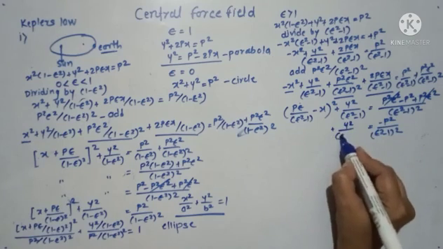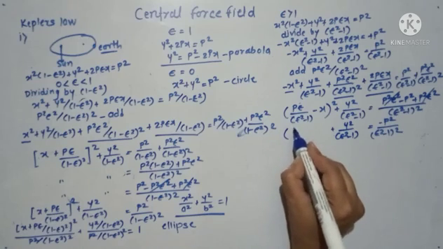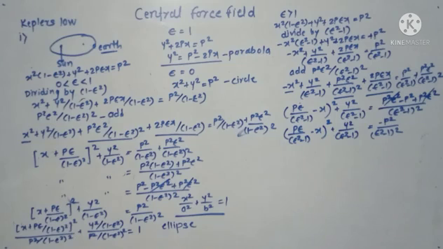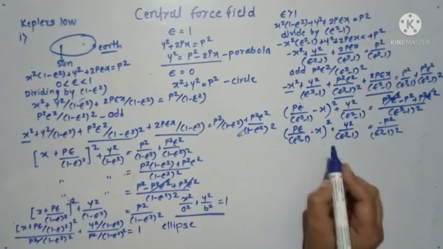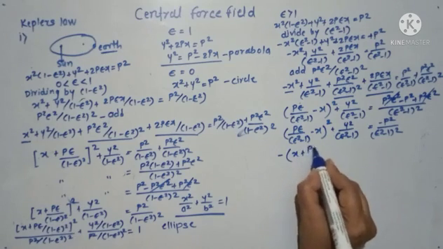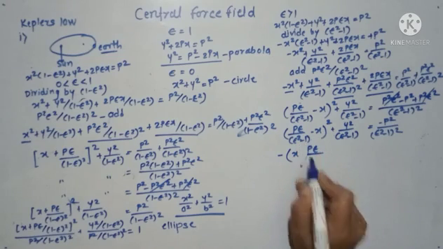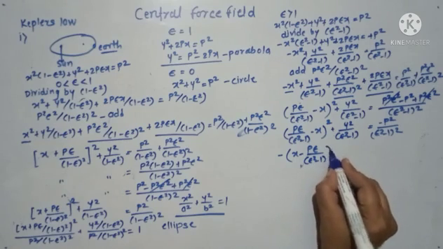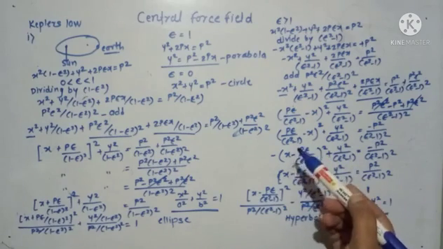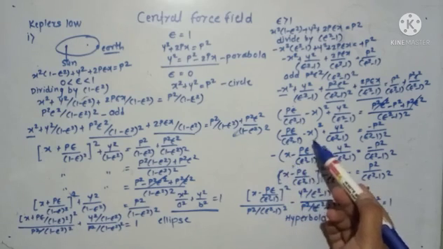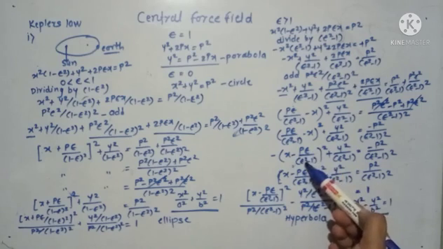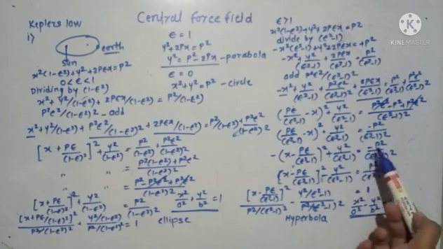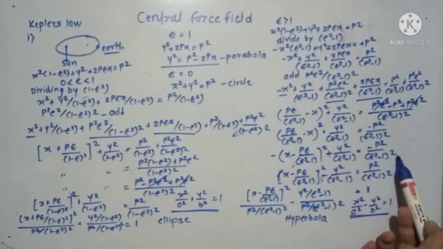This term remains as it is, and if I take the minus sign outside, it will be (x minus p epsilon upon (epsilon squared minus 1)) bracket squared plus y squared upon (epsilon squared minus 1), equal to minus p squared epsilon squared upon (epsilon squared minus 1) bracket squared.